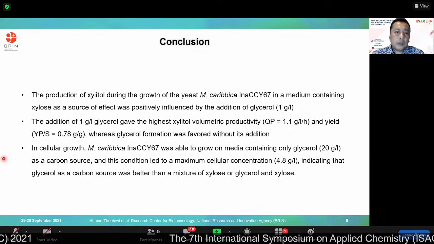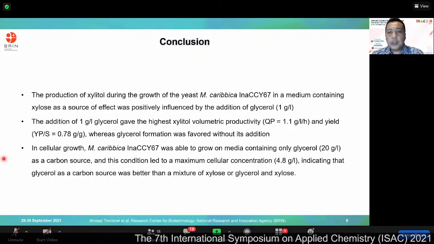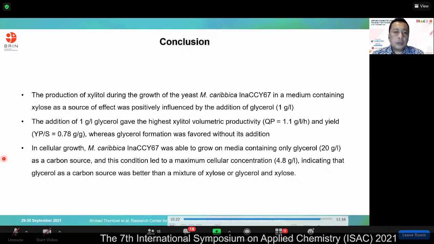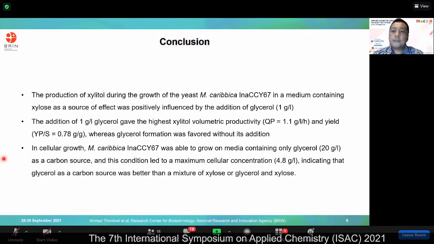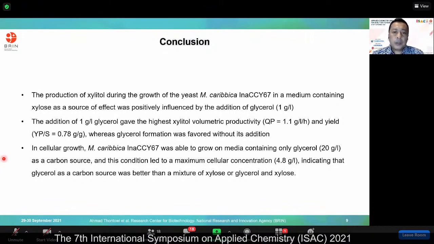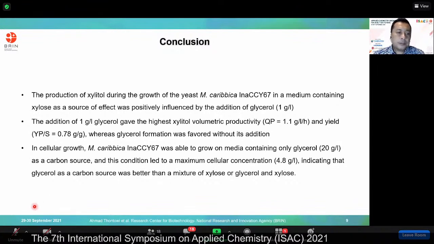In cellular growth, Erythema caribica was able to grow on media containing only glycerol as carbon source. And this condition led to higher cellular concentration, indicating that glycerol as a carbon source was better than a mixture of cellulose and xylitol.